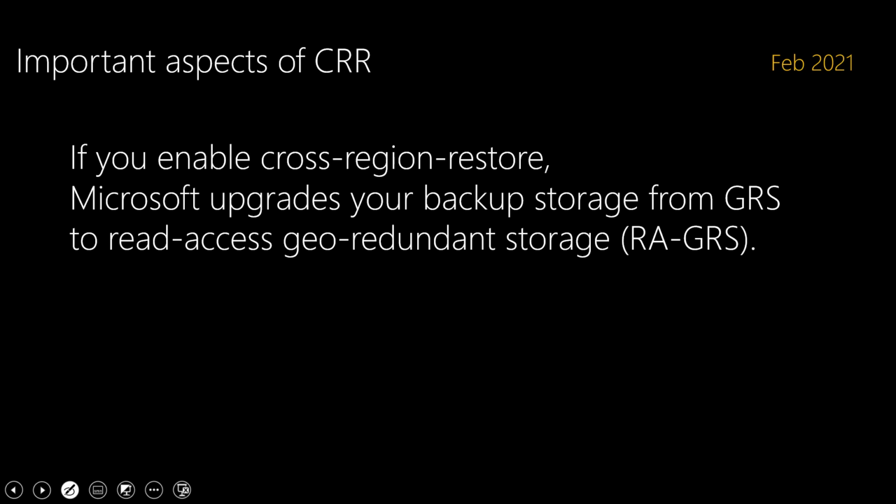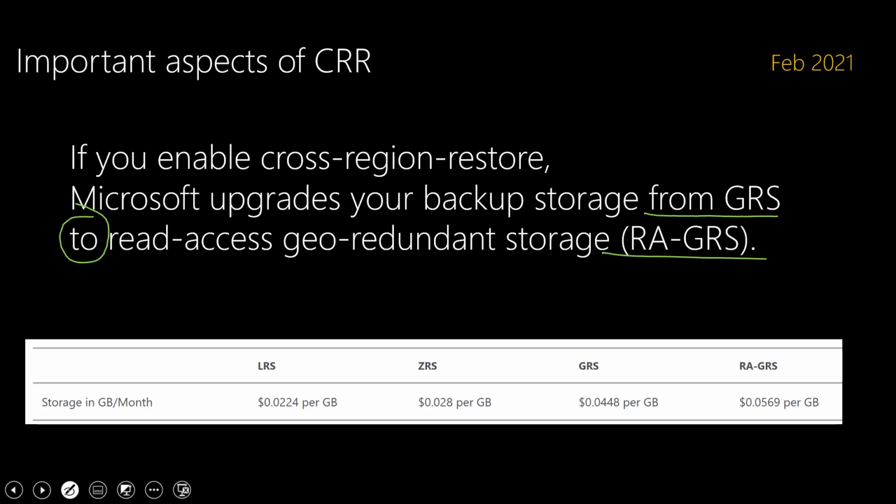When you enable cross-region restore, Microsoft is going to upgrade your backup storage from GRS to read access geo-redundant storage, which is RA-GRS. This means that the price that you are going to pay for the storage is going to change. For example, we have this table of the published prices in February 2021.